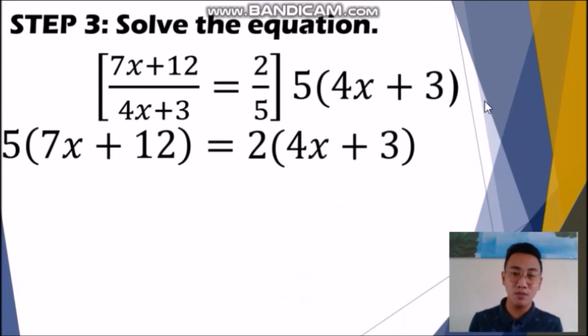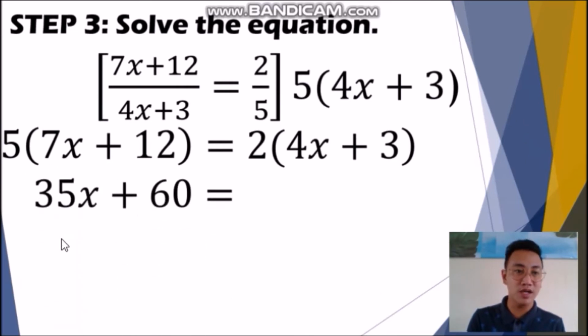And proceed with our solution, applying the distributive property of multiplication. 5 times 7x is 35x. 5 times positive 12 is positive 60. So 35x plus 60. 2 times 4x is 8x. 2 times positive 3 is positive 6. So 8x plus 6. Combining like terms, all right?